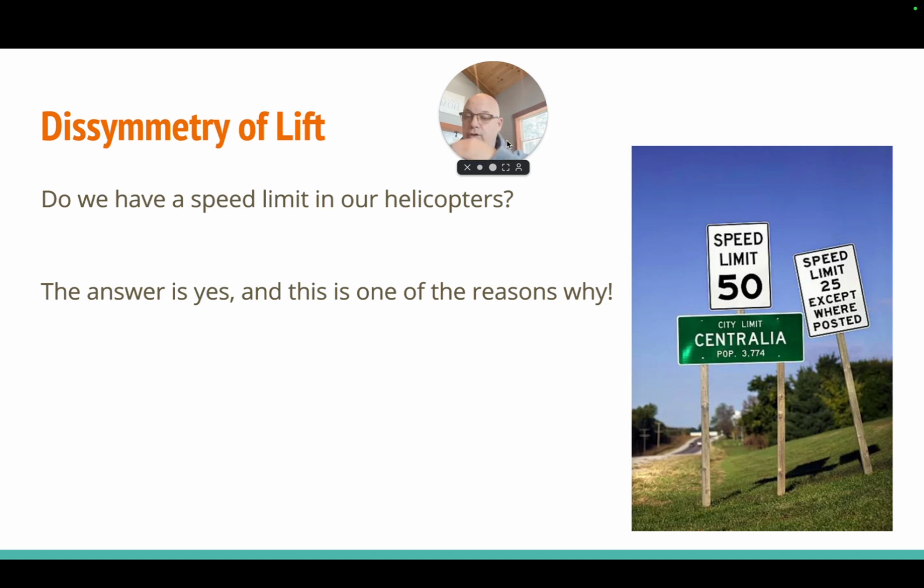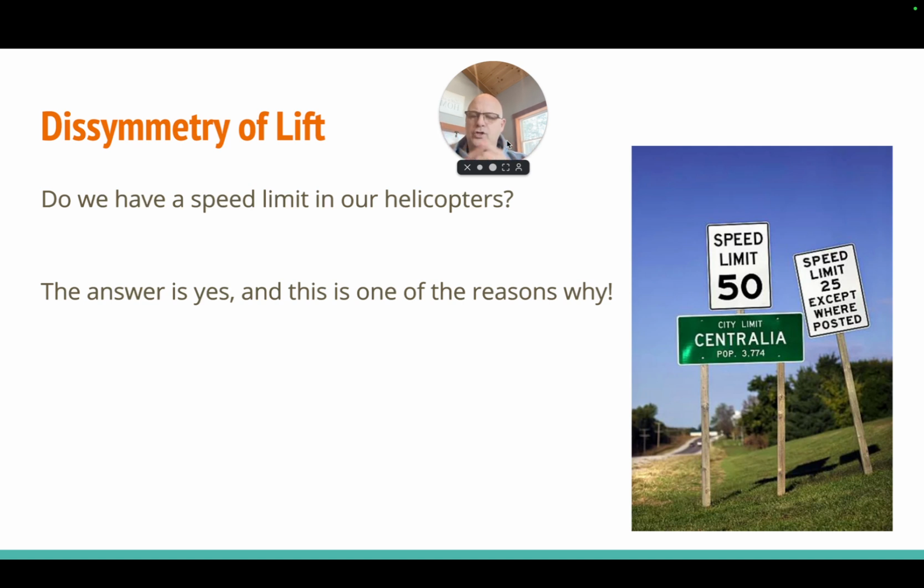And the wind is going in the opposite direction from that. So just by that phenomenon, you think that one side is going to generate more lift than the other side, right? Because you can't have it both ways. That is a rather difficult concept to understand. We're going to dive into it a little bit in a minute.